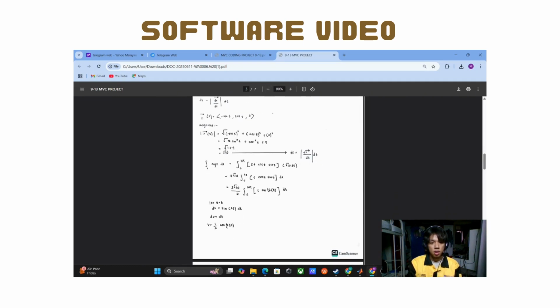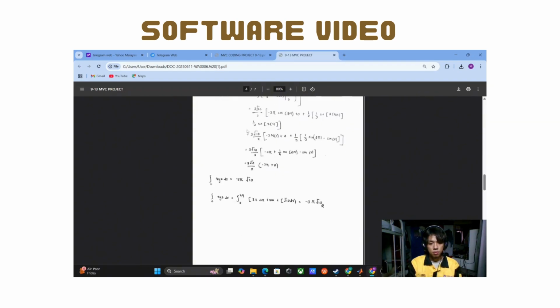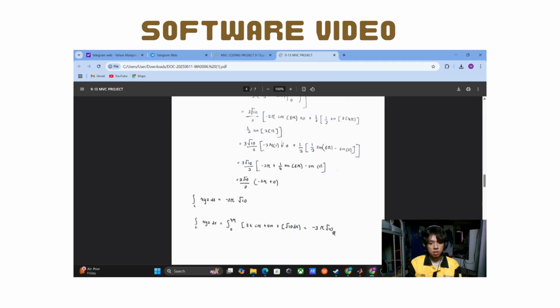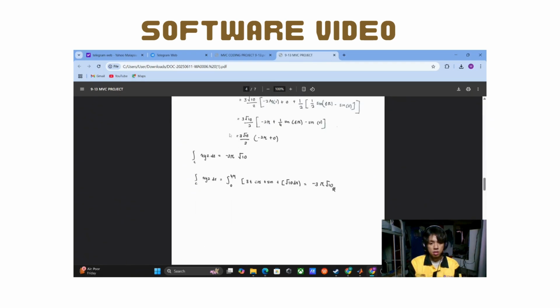And then we can get the magnitude of r'(t), and we find the equation here, and we get minus 3 pi root 10. So this is the final answer.